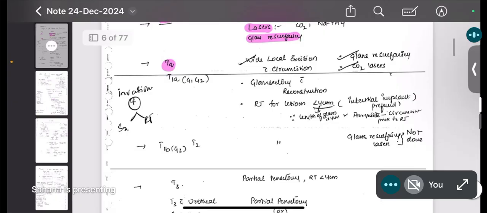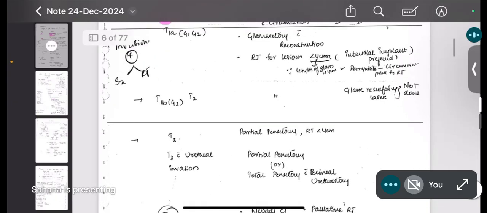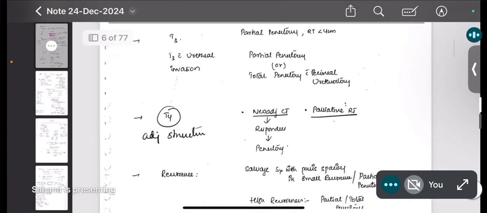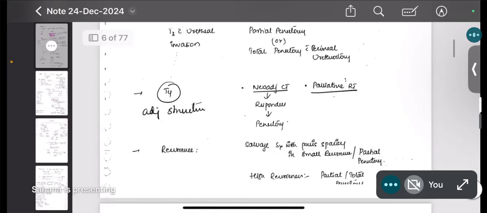Then beyond T2 and beyond, don't even think of anything of this sort. You have to do partial penectomy or total penectomy, but RT can be given if the size is less than 4 centimeter, but you avoid it beyond T2. So you can write only partial penectomy, total penectomy with perineal urethrostomies.